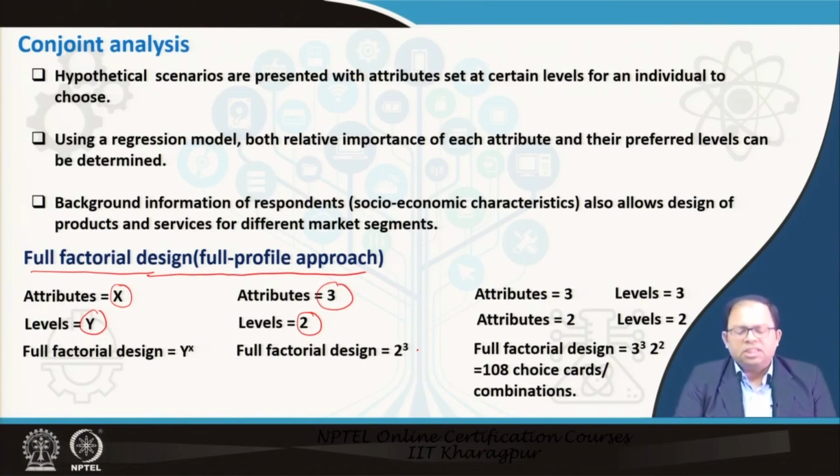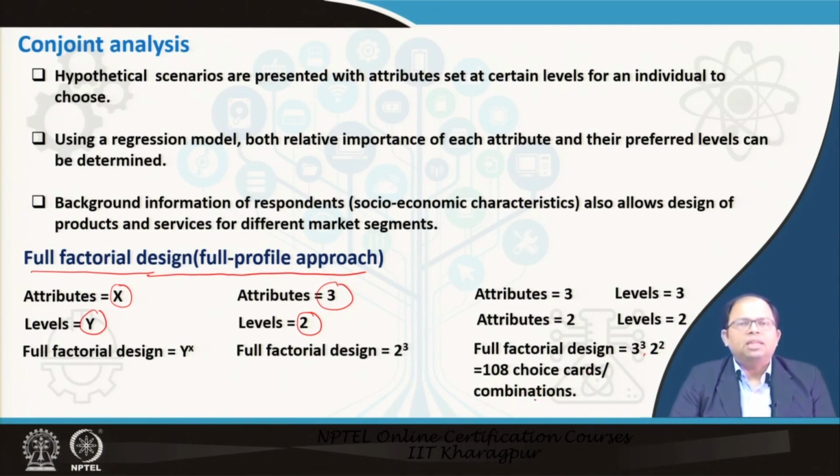Now, this is for the case where all the attributes have 2 levels. But if I have 3 attributes with 3 levels and 2 attributes with 2 levels each, in that case, the full factorial design would be 3 to the power 3 into 2 to the power 2. That comes to around 108 choice cards, or we can say 108 combinations.